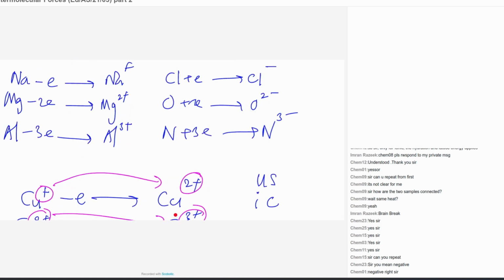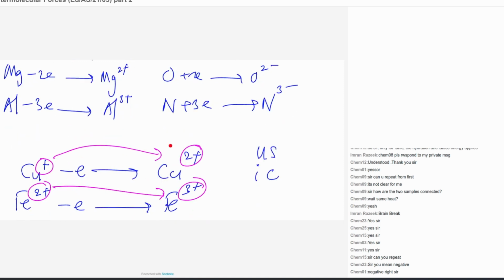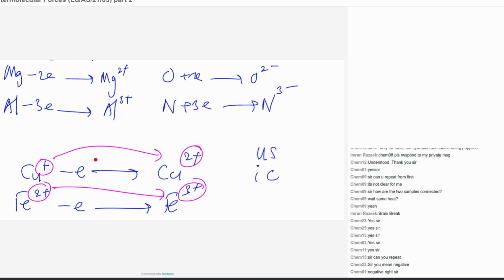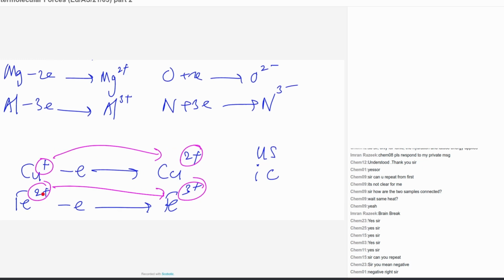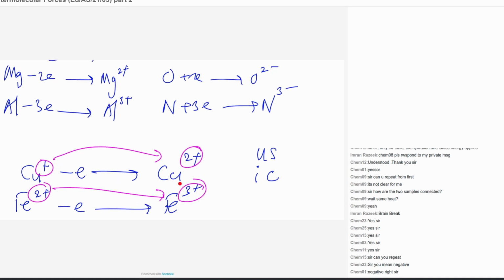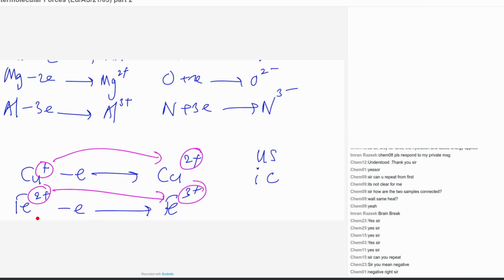So in terms of oxidation numbers, an increase in oxidation number is defined as oxidation. Cuprous to cupric: to increase the oxidation number from cuprous to cupric, you need to lose electrons. Likewise, an increase in oxidation number is always oxidation because it requires losing of electrons. OIL RIG, oxidation is loss of electrons.